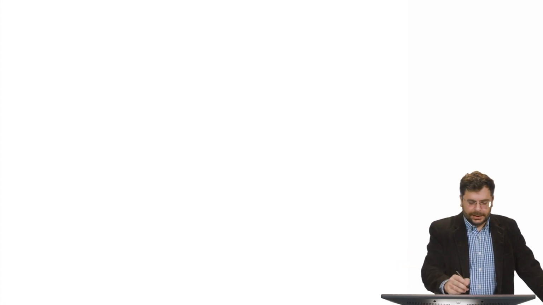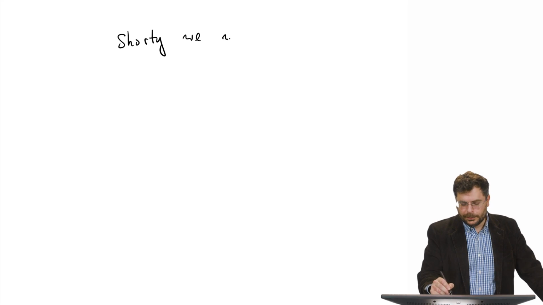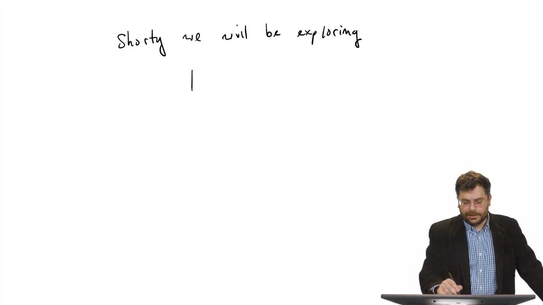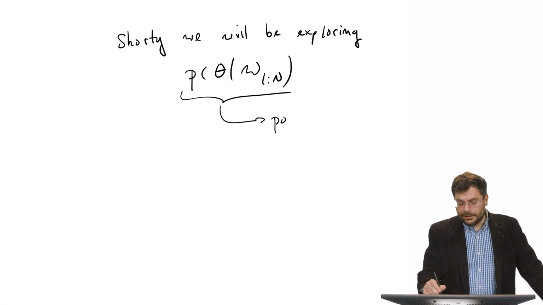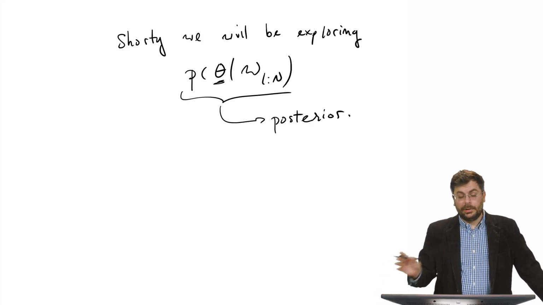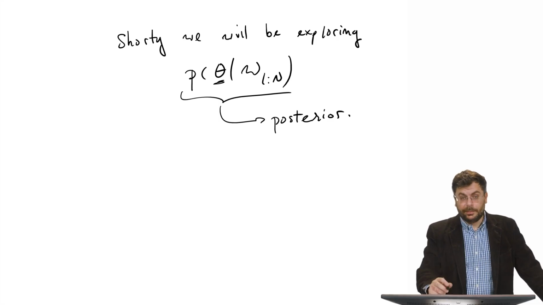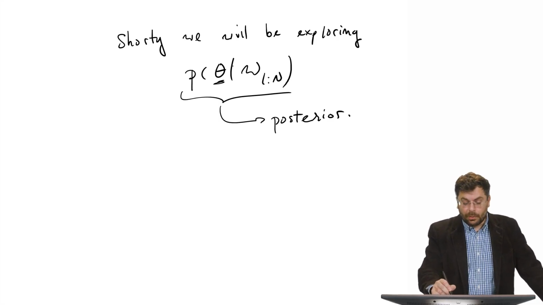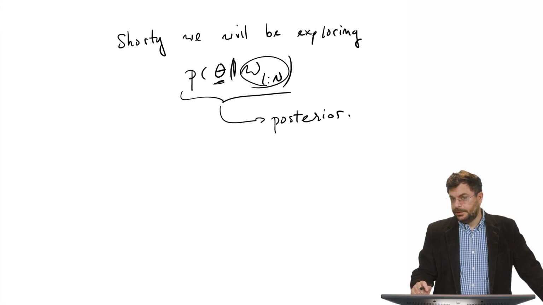So shortly, we will be exploring the following object. And this object is different from the likelihood. It has a name, and it's called a posterior. And this object tells me about how my parameters are distributed, or what possible values for the parameters are warranted by the data as I observe it.